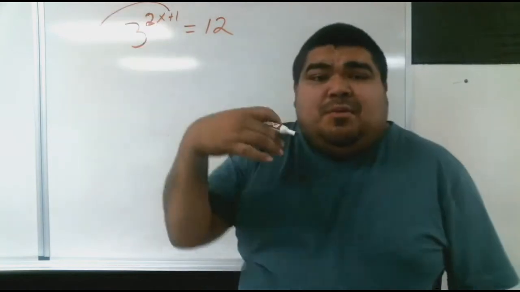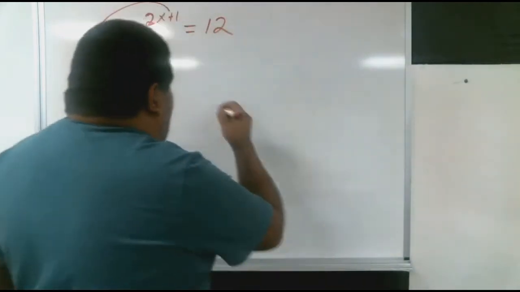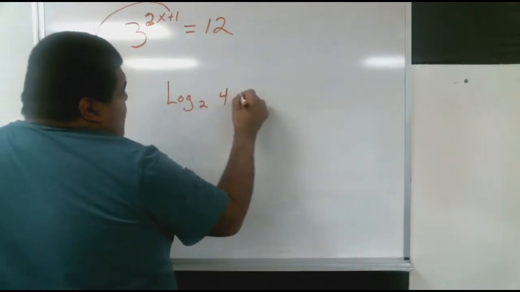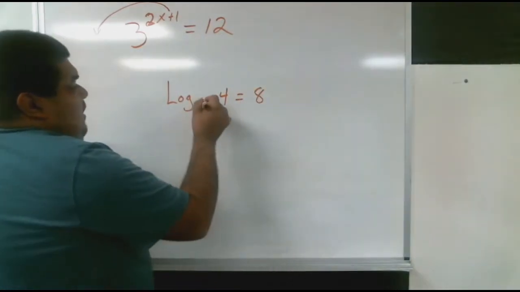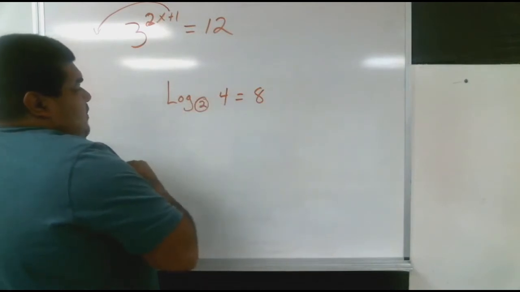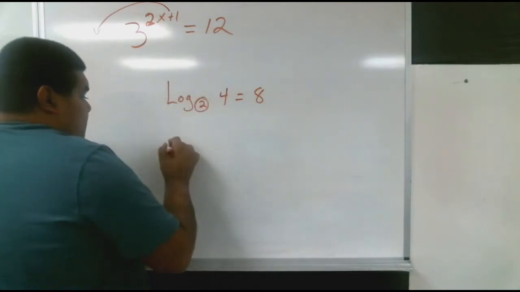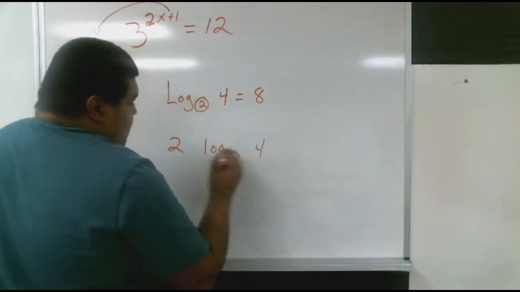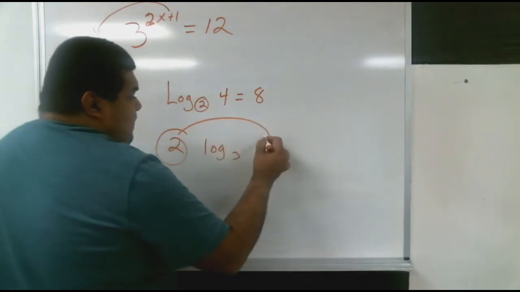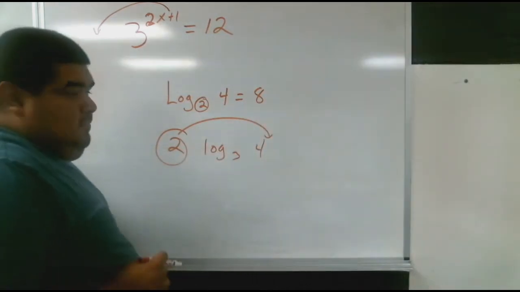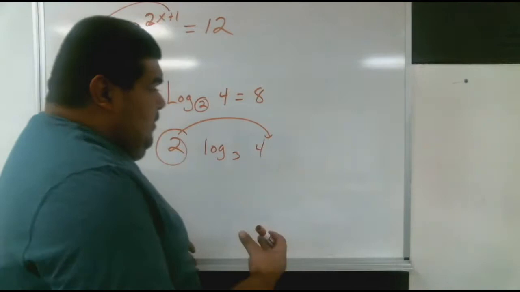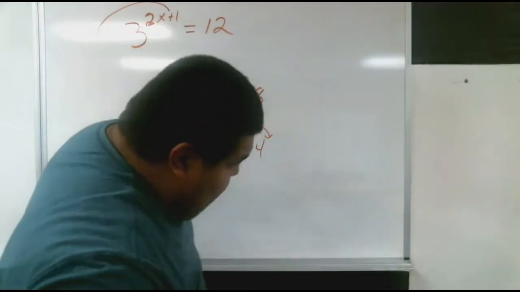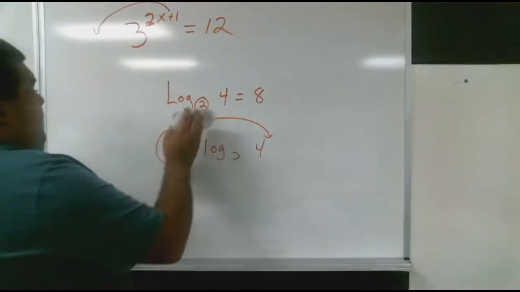Remember when we had logs, where we had a log of 2, 4 equals, let's say, 8, and we got rid of the 2, or whenever we had log of 3 to the 4, and we got rid of the full number, we moved it and made it into an exponent. Now we're going to do the opposite. Now we're going to actually put an exponent in there, or a log, should I say.